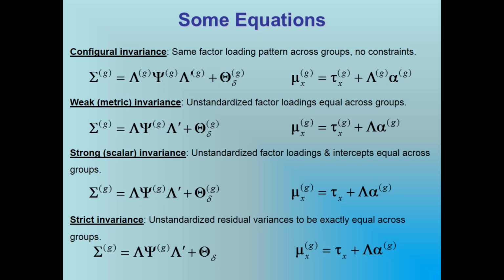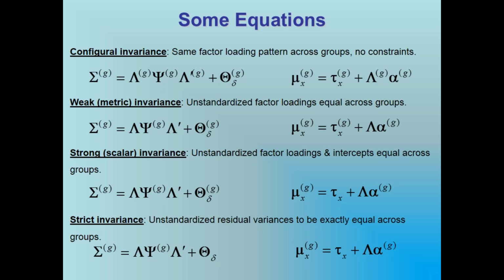Our next model is the strong or scalar invariance model. For this model, we're only going to test whether the unstandardized factor loadings and intercepts are equal across the groups. Everything else is free to be different. Our next model is our strict invariance model, and here we can see that our unstandardized residual variances are also constrained to be equal across the groups.